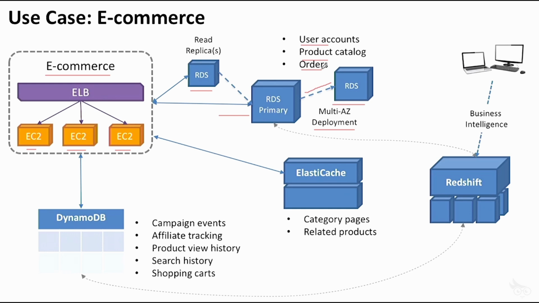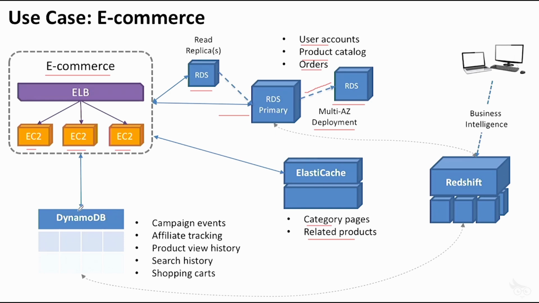Those pages tend to be a little bit slower, so what we're going to do is render those and store the output here in Elasticache. Now, this could be Redis, this could be Memcache, but we're going to store that here in memory and refresh them perhaps every 5 to 10 minutes. These are pages that don't necessarily change very often, so we can get away with caching those for some period of time. By leveraging Elasticache, we can further increase the performance of our application.